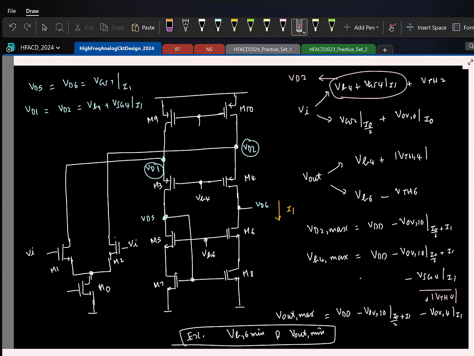Exactly we can't say, but typically, can you comment anything about VB6 and this voltage? The minimum VB6 can go is like the overdrive plus one gate to source. Yes, as he's pointing out, VB6 has to accommodate one gate to source voltage plus a drain to source voltage, similar to what we have here. Typically VB6 might be of the same order as this.